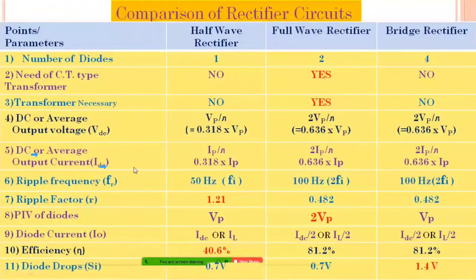With simplification, we have got the DC current at the output of the half wave as the peak value of current through the load upon pi. 1 upon pi is 0.318 times I peak. It is double in the case of full wave and bridge rectifier circuits, that means twice IP upon pi. That means 0.636 times the peak value of current is the amount of DC or average current present at the output of full wave and bridge rectifier circuits.